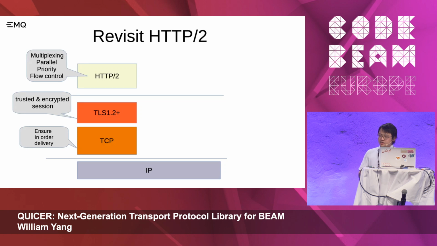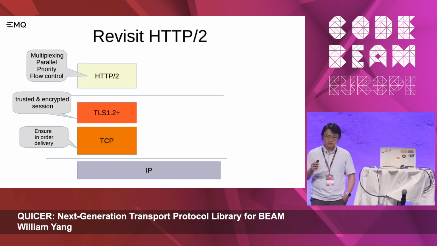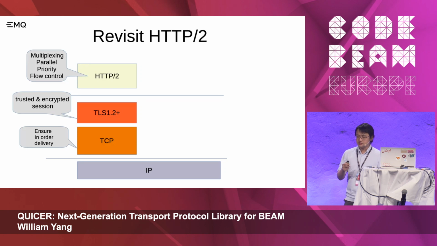Then on top of this, we have the application, HTTP 2, which compared to HTTP 1 provides multiplexing with streams. So with streams, you have parallelization. For example, when you are in the browser, the browser can fetch resources in parallel, like the HTML page, JavaScript, and CSS files.